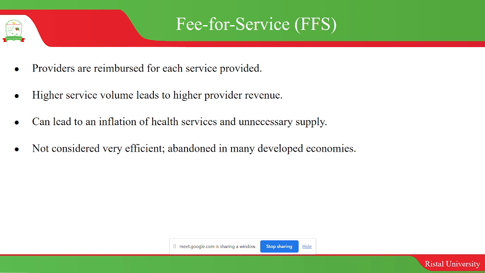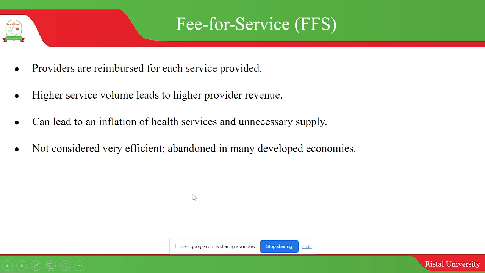So I've explained that at the point where you receive the healthcare service, you pay an amount. So that is called fee for service. The challenge is that you can have an inflation of healthcare services, an unnecessary supply, and then you create a distortion in the market.